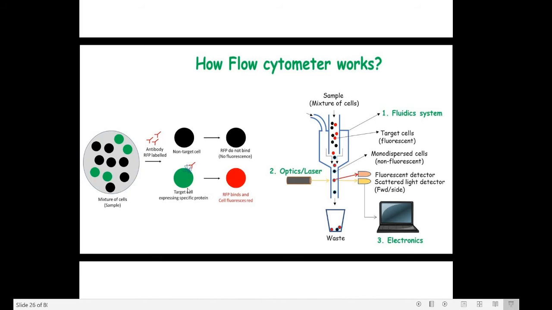A target cell is a cell that has the antigen on the surface. So when the target cell interacts with the antibody, it gives the color change, the red color. Here in this image, they added the sample.